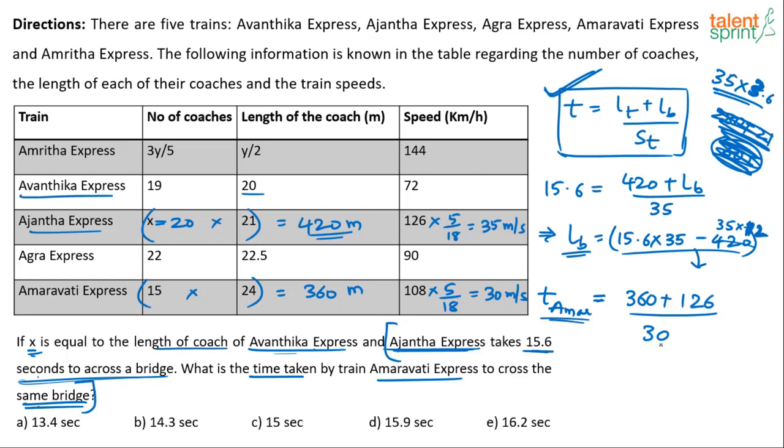So 360 plus 126 by 30. You can do individually, right? 360 by 30 is 12. 126 by 30: 120 by 30 is 4, 6 by 30 will be 0.2. So this is 4.2. 12 plus 4.2, 16.2 will be the answer. Option E, 16.2 is the answer. Alright?